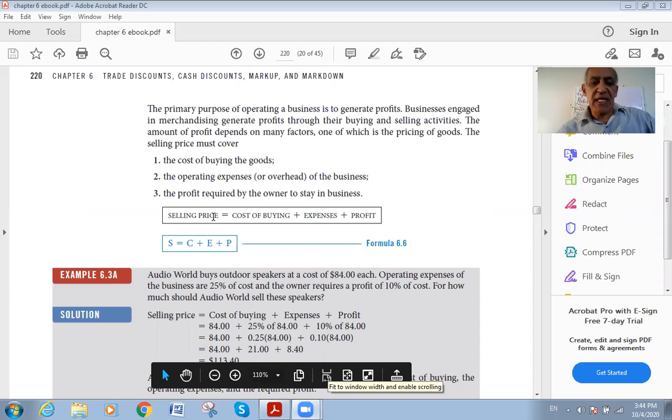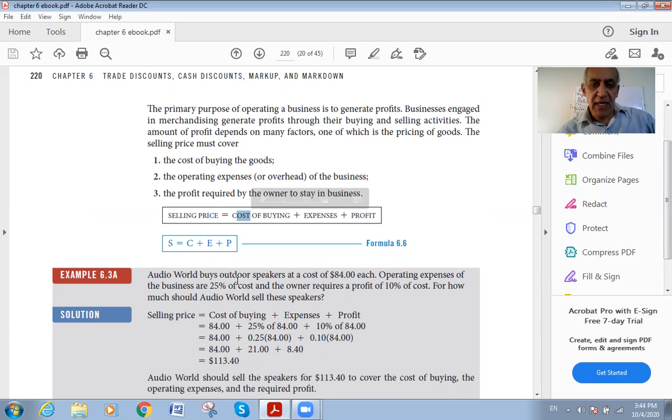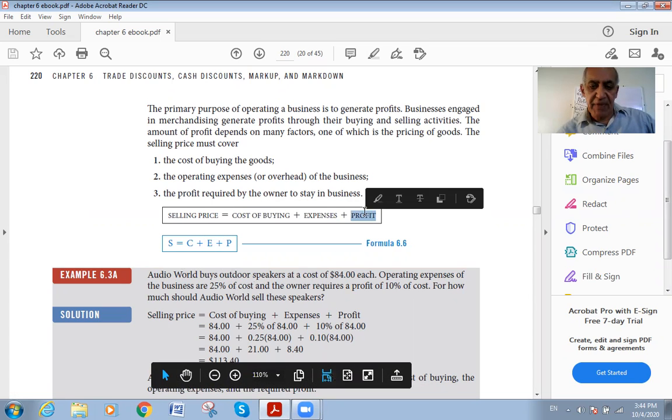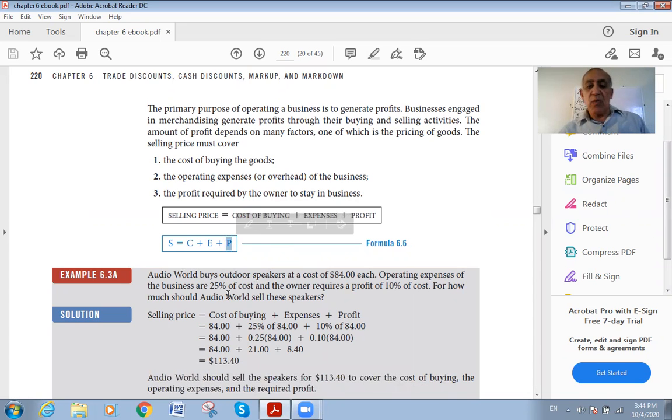So the selling price will consist of cost, expenses, which is symbolized by E, and the profits, which we symbolize with P. It's not a matter of what the letters are, like the codes S, C, E and P here.